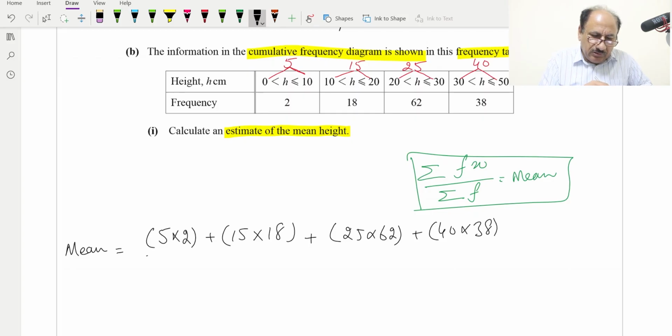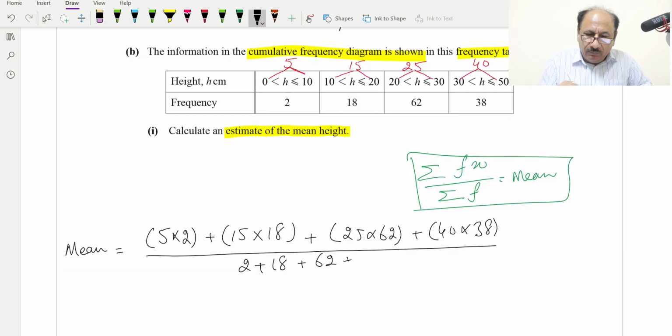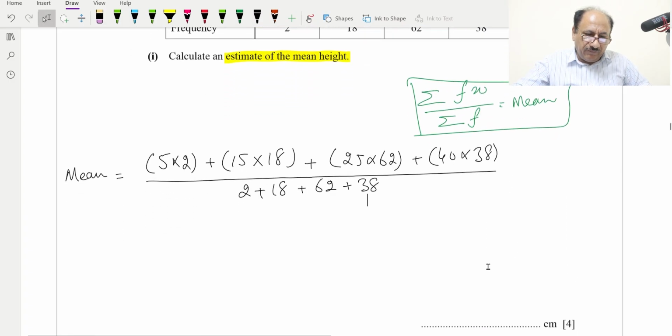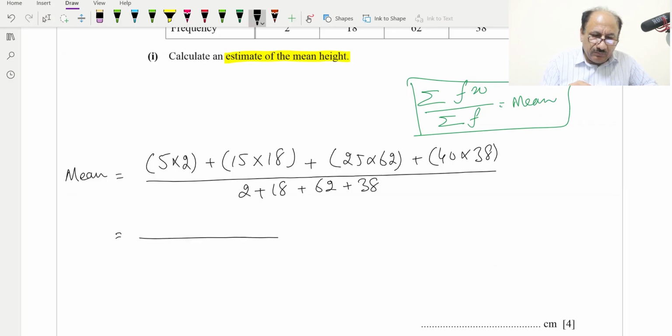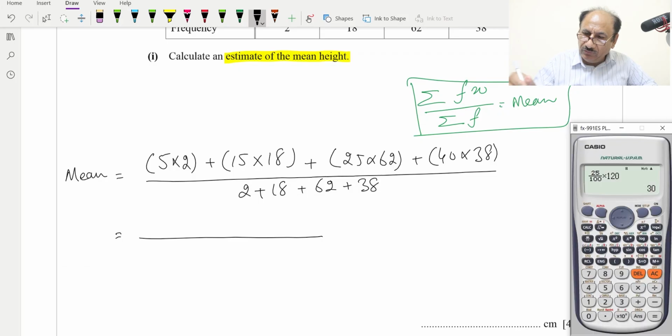So this is sigma fx, and this will be divided by sigma f, and sigma f is 2 plus 18 plus 62 plus 38. This is the sum of frequencies. Now we have to calculate, and for simpler calculation I will add these first: 2 plus 18 and 62 plus 38 in the denominator, which is equal to 120.